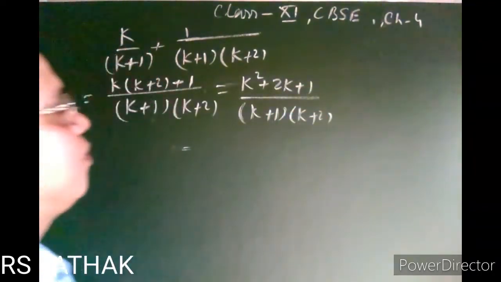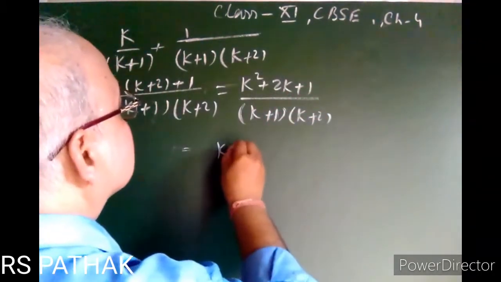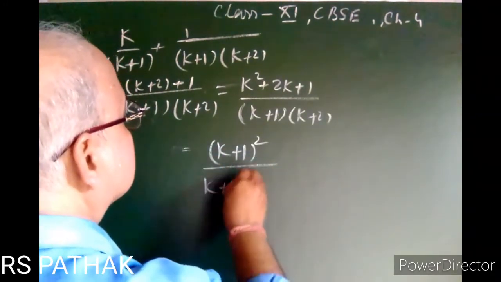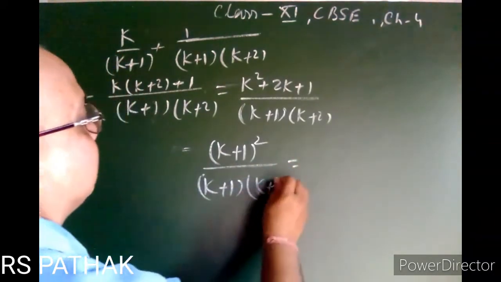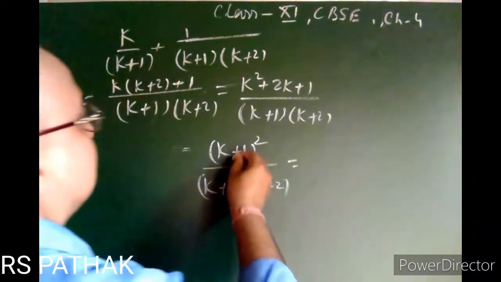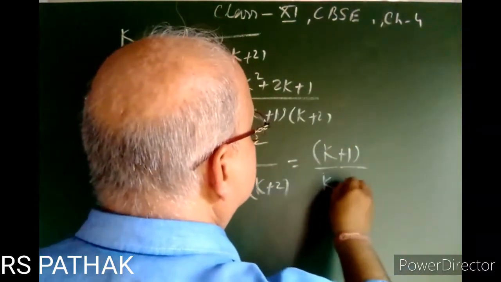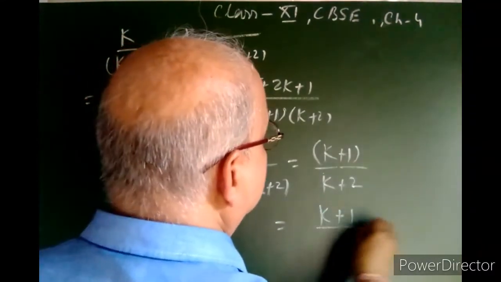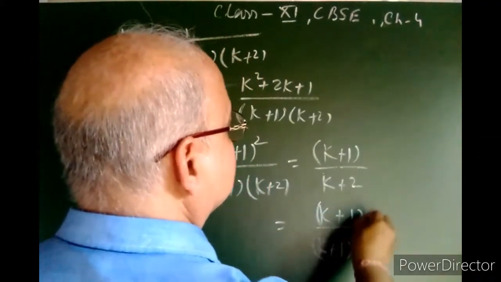It is the square form of k plus 1. I will write it as k plus 1 whole square upon k plus 1 into k plus 2. k plus 1 is cancelled out. k plus 1 upon k plus 2. We can write it as k plus 1 upon k plus 1 plus 1.